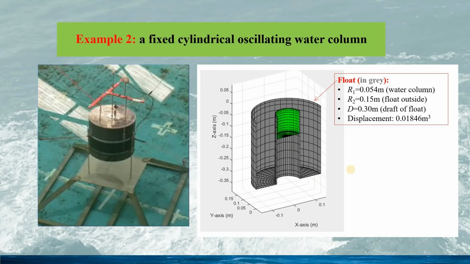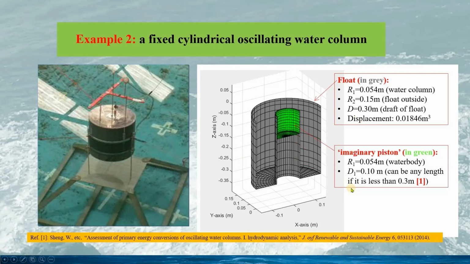In numerically studying the OWC wave energy conversion, an imaginary piston of a draft 0.1, in green, is built to represent the water body and its motion. As shown in this reference, the length of the piston can be taken as any value between 0 and 0.3.